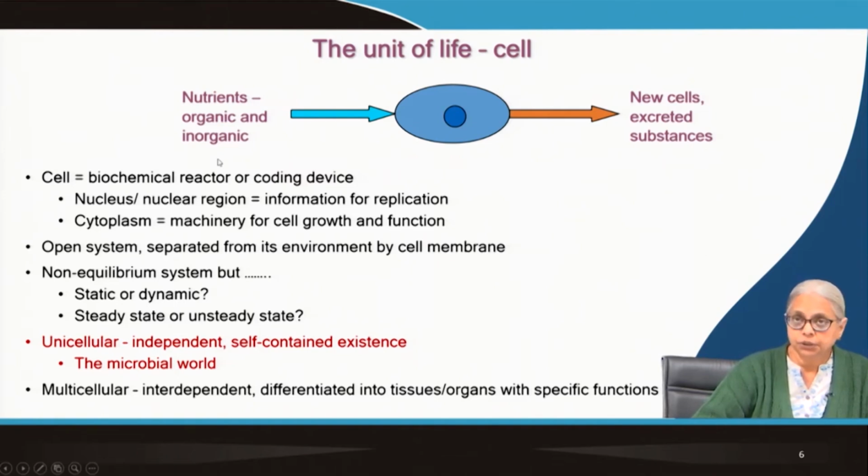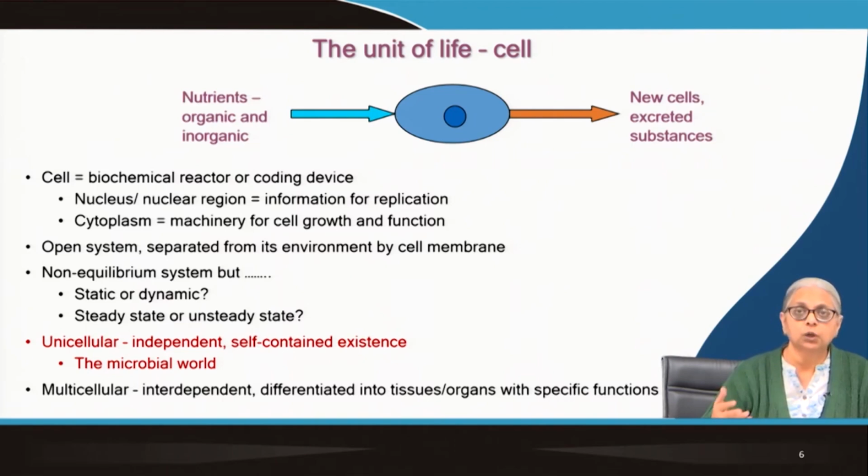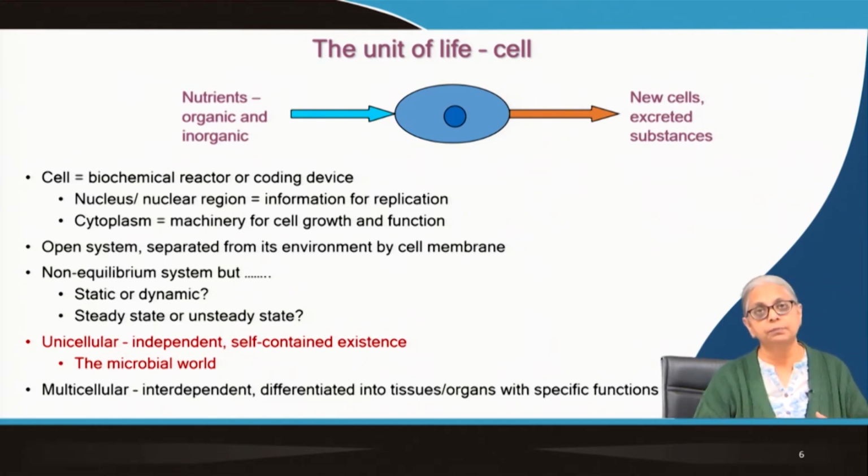It takes up nutrients. So when I say cell over here, I'm talking about a microbial cell. So this microbial cell is going to absorb nutrients from its environment. These nutrients can be organic or inorganic in nature, and in the process it will utilize these nutrients for creating what we call new biomass. So this new biomass is going to be converted, and the cell will be able to replicate. You will get one single cell will replicate itself, become 2 cells, 2 will become 4, and 4 will become 8, and all of that, right?